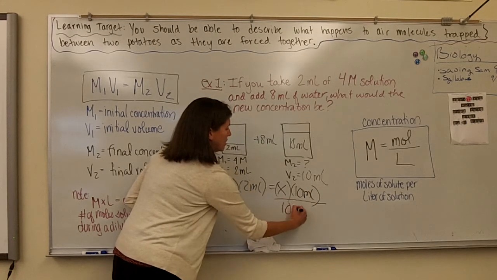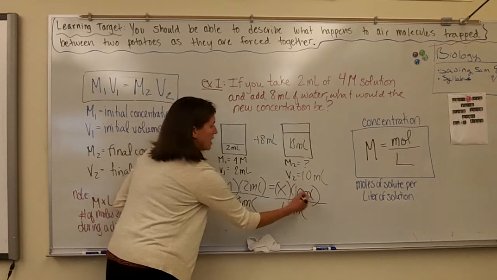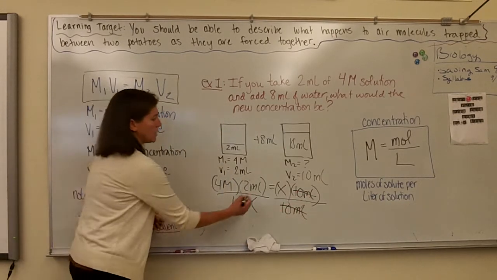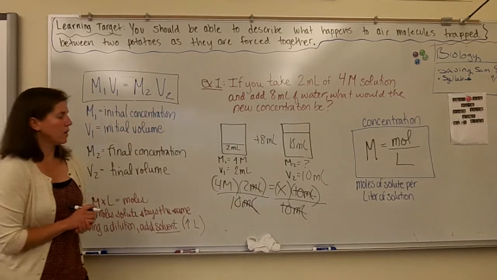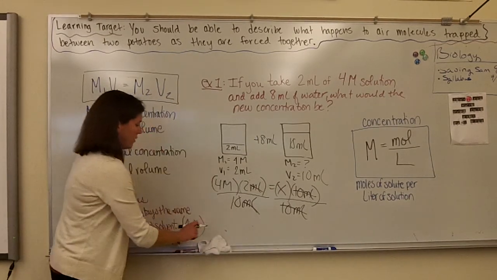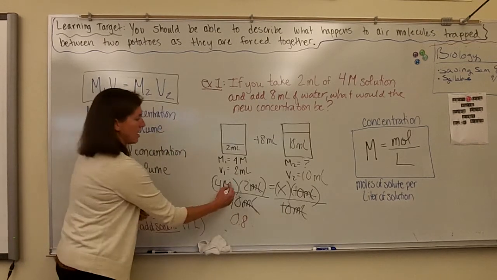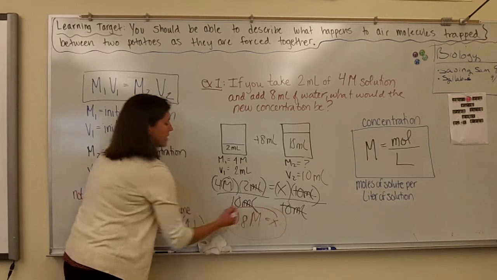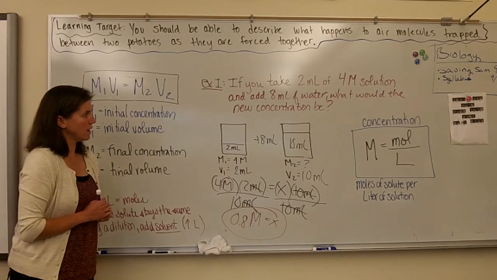If I rearrange and solve for my unknown, notice how I'm keeping track of units, and you'll see that milliliters cancels out, leaving me with an answer that's in molarity. So this value here, 4 times 2 divided by 10, is 0.8, and the units for this are molar, because that is the one unit that we're left with. So make sure you're keeping track of units when you're doing your work, as well as showing your work.